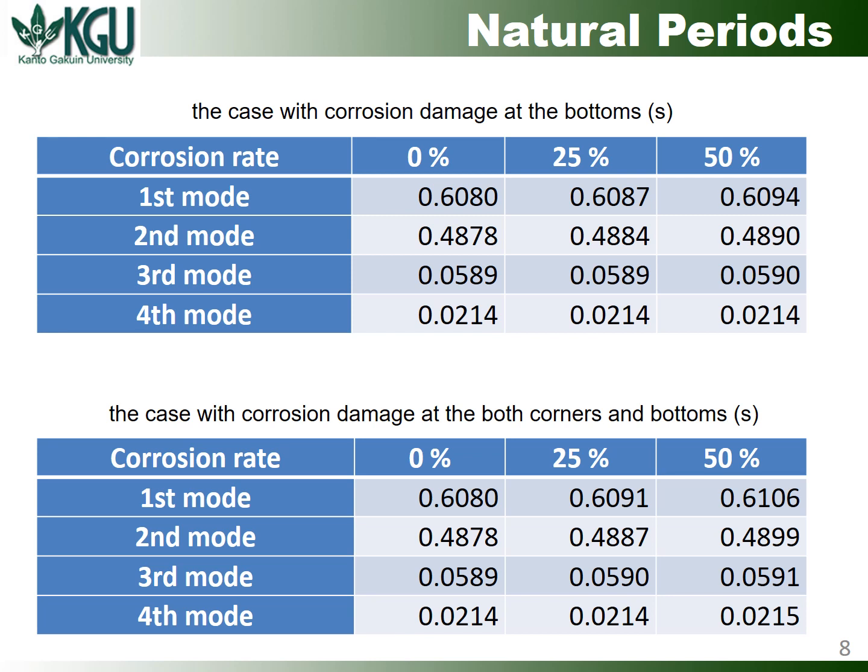It can be seen that the first mode natural period is about 0.61 seconds. On the other hand, the bottom table summarizes the natural periods for the case with corrosions at both corners and bottoms. It can be seen that the natural periods are slightly changed from the case with corrosion only at the bottoms, only when the corrosion rate is 50%.